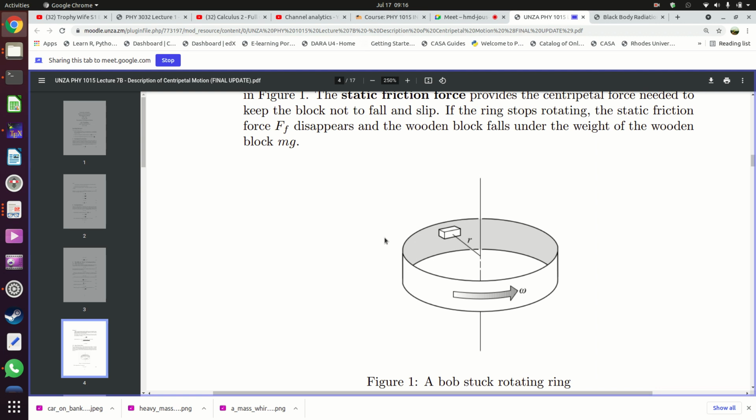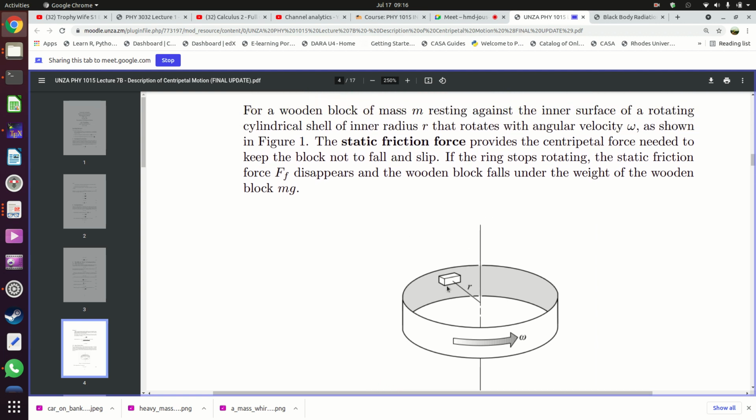The reason why it's not moving is because there's friction, static friction, which is keeping it in place. We want to find out with what angular speed this ring should be rotating so that this mass stays in place.